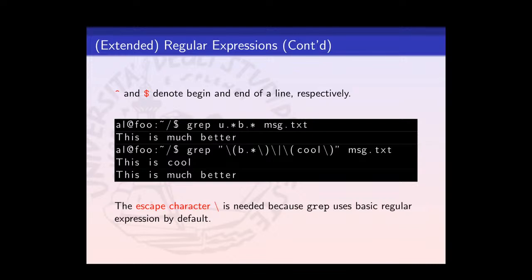It's meant to be a part of the regular expression syntax. If we don't use that escape symbol, we end up inserting into message a string containing b dot, well, better, open parenthesis, b dot star, close parenthesis, pipe, open parenthesis, cool, close parenthesis. So the string, not the regular expression. So to avoid this and to tell the grep command that that string is meant to be a regular expression and not a standard string, we have to use the escape character. More or less, it's clear.